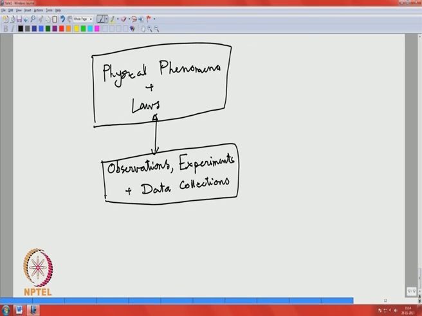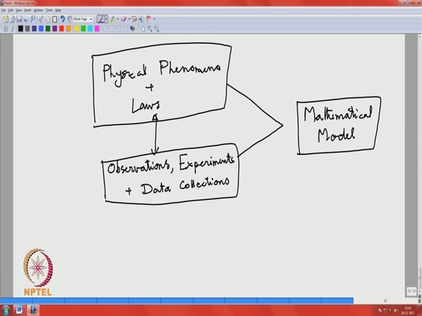Using the mathematics available, the physical laws and these things together, you do the mathematical modeling. You have the mathematical model here, the correct mathematical modeling. If you want to understand this, here is the place you have to do the analysis.